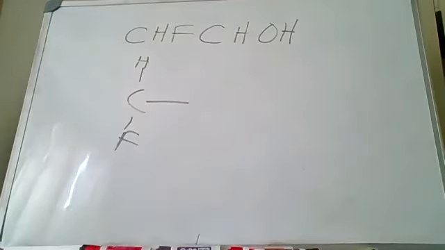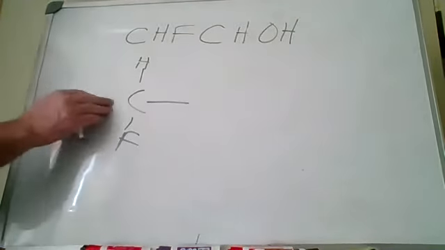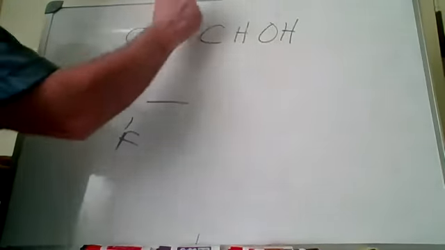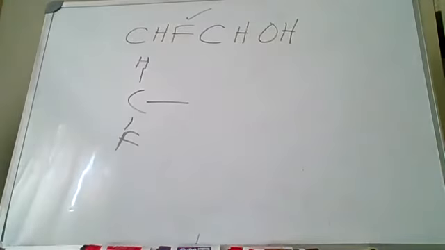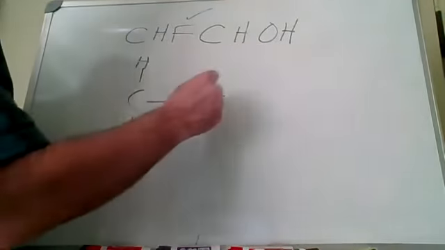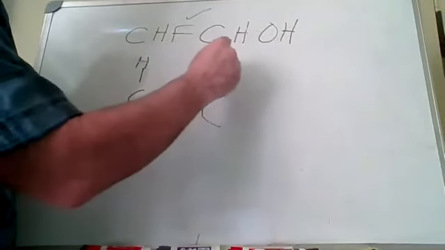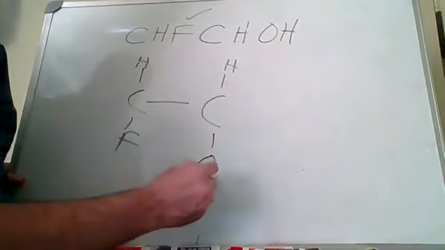Extend the chain. I have no atom to put over here. And that takes us to there. Now we're going to put the CHOH in. That's going to look just like CH2. So we know what that looks like.